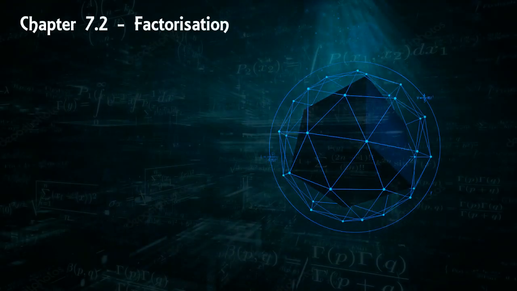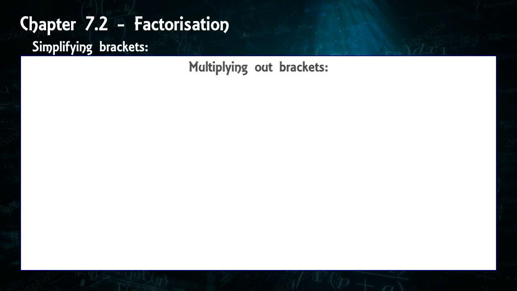Let me start with something you already know. Multiplying out brackets. If I were to ask you to simplify the expression x(x + 8), you would have to multiply the front x with every term inside the parentheses. So x times x and x times 8. The simplified form is x squared plus 8x.